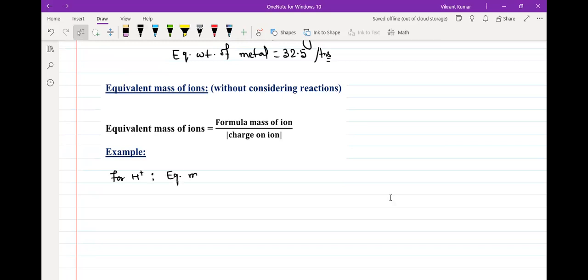Formula mass means that if you have a monoatomic ion then the atomic mass itself is the formula mass, and if it is a polyatomic ion then the molecular mass is the formula mass.